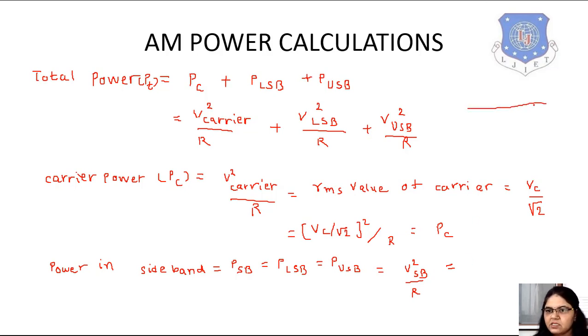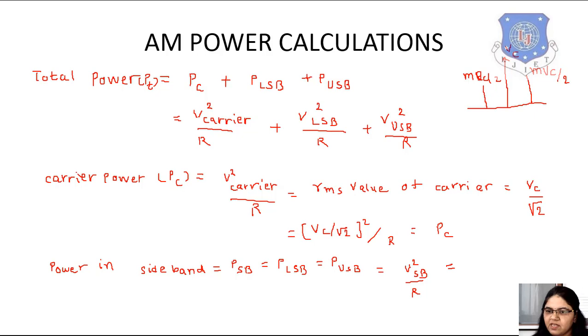Here again, this is the frequency response. This amplitude is Vc, and the sideband amplitude is mVc by 2. This amplitude is again mVc by 2.